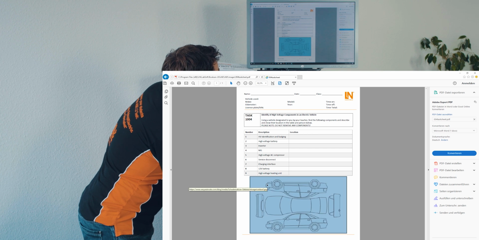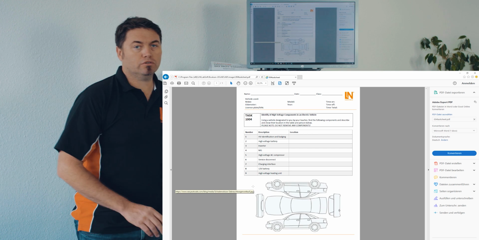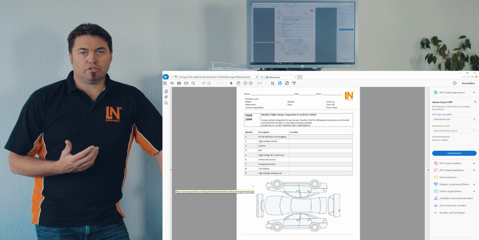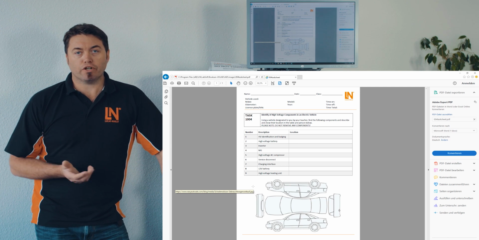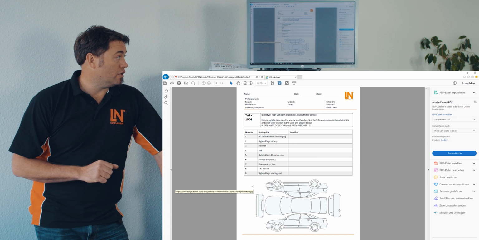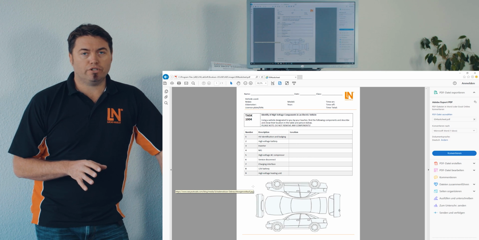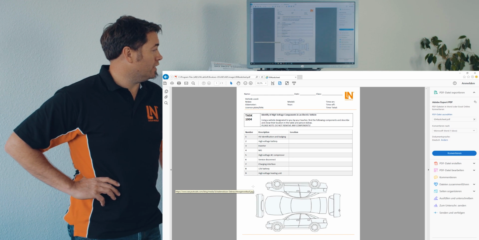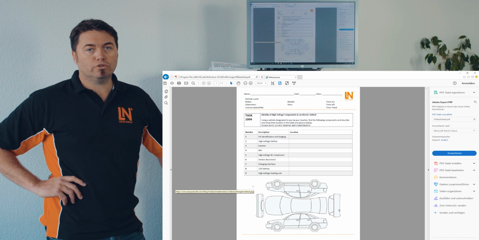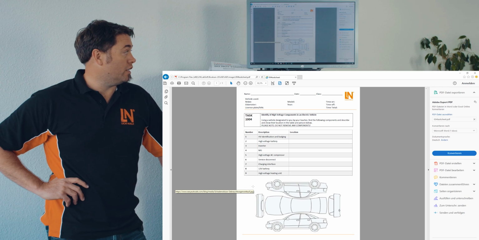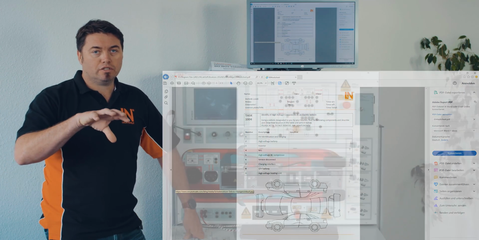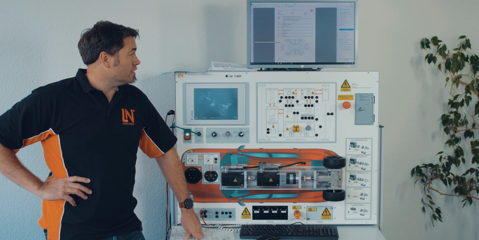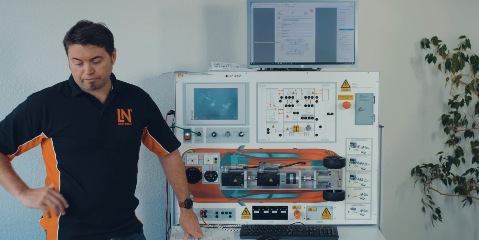Because it's an electric vehicle, there's no combustion engine to heat up the coolant in the conventional way for heating the cabin. So you often have a high voltage heating unit, which is a high voltage system with a large resistor, which then heats up the coolant used in the conventional way. Sometimes they're hidden in the front of the vehicle where the engine would normally be. So things like that get the students looking around.